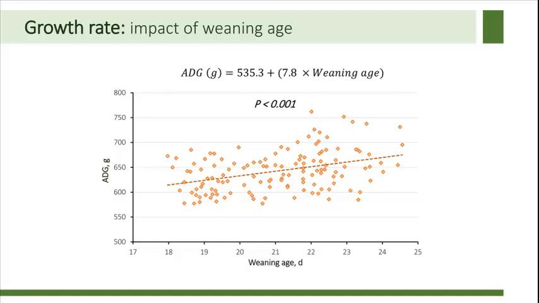I know a group of pigs that were 19 to 20 days old had a growth rate very similar to pigs that were 23 days old. But the probability for that to happen is lower, and that's what the graph is showing. You can have that, but on a whole population basis, the probability of that occurring is lower when pigs are weaned younger than when pigs are weaned older.